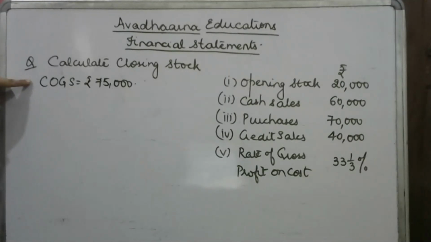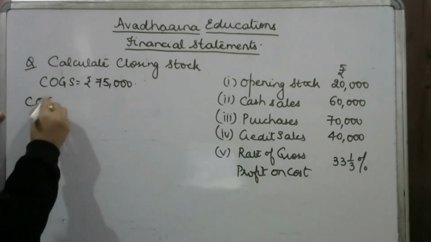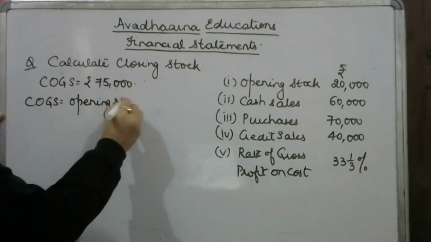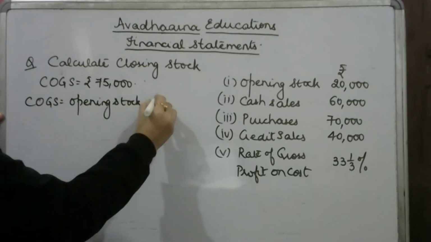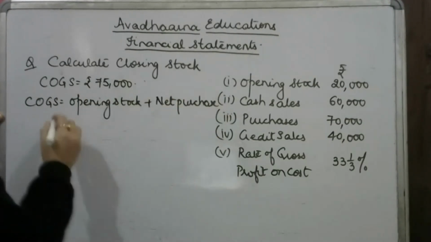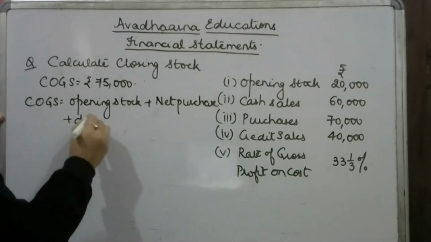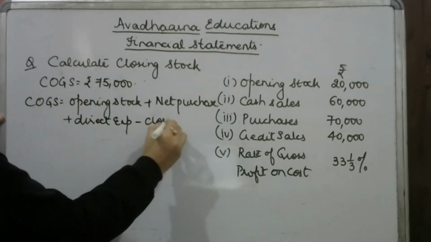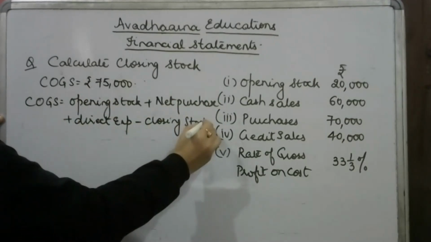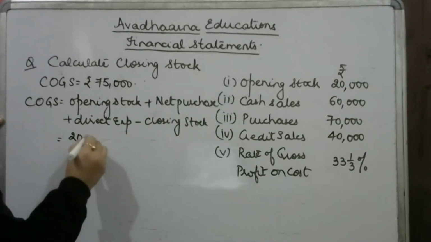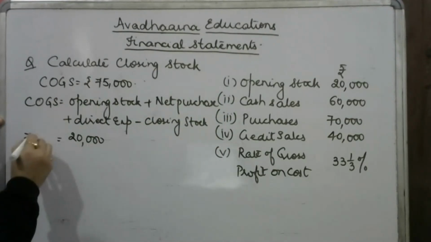Now we have calculated cost of goods sold is equal to rupees 75,000, and we know that cost of goods sold is equal to opening stock plus net purchases plus direct expenses minus closing stock. अब बेटा ओपनिंग स्टॉक है 20,000, cost of goods sold is 75,000.